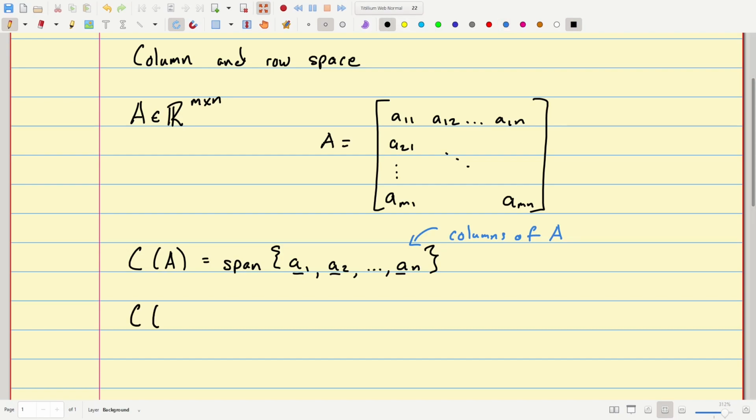I'm going to write this in a very weird way, but this is the standard notation for it.